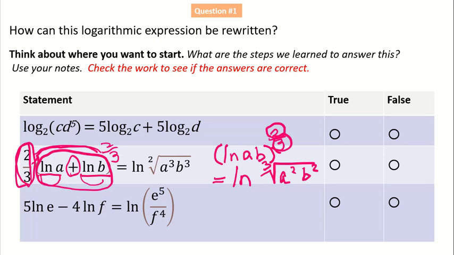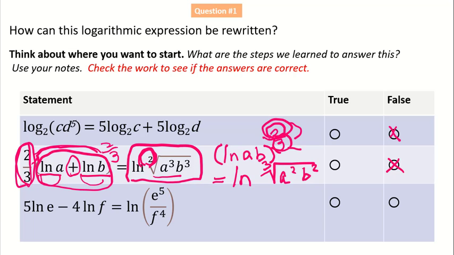So let's go over here and see if that's what we have. Okay, in this case, they have the square root. Now that is the opposite of what we have here. That denominator is telling us that we have a cube root, and then we're squaring a and b. So this is going to be false as well.